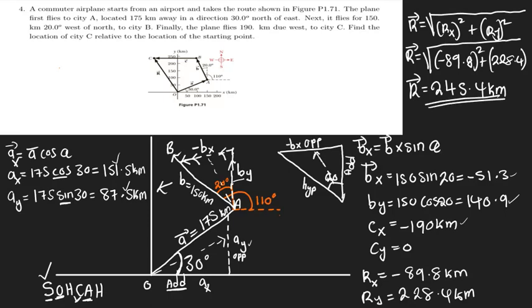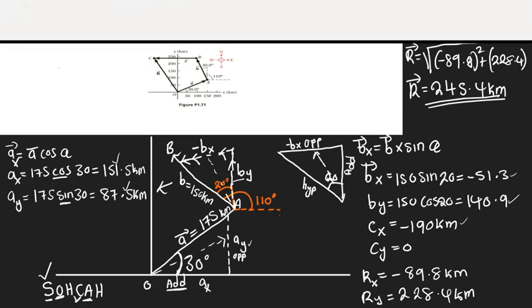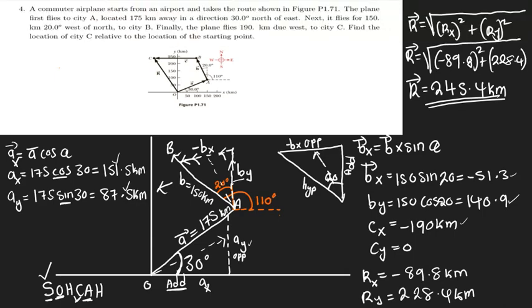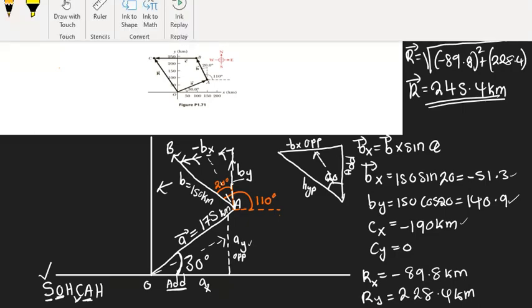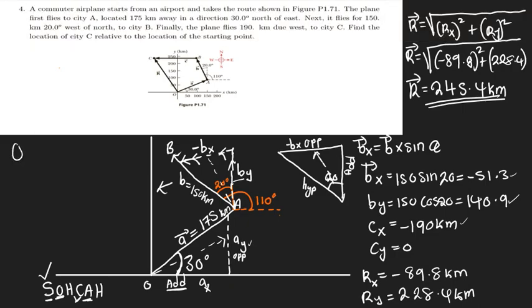kilometers. Now we can find our angle, our direction. How do you find direction? It's very simple actually. To find direction, you say theta is going to equal tan inverse of ry over rx.